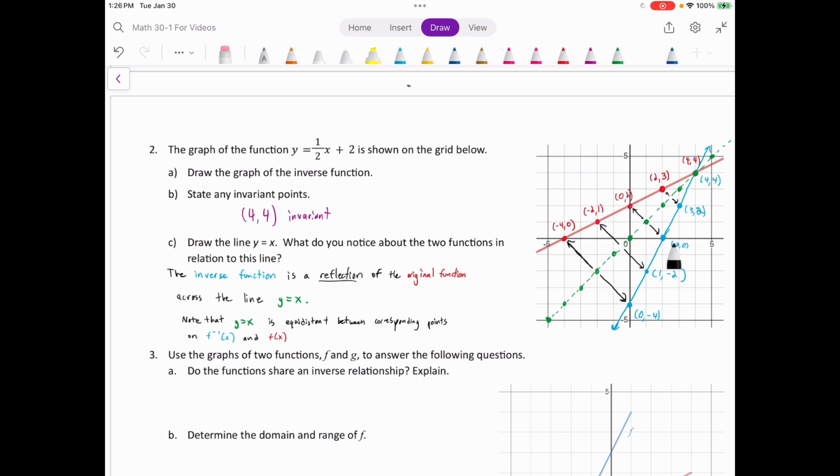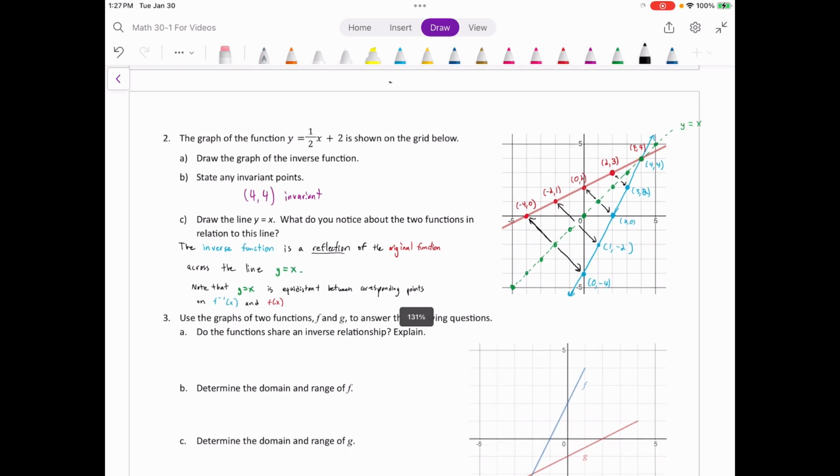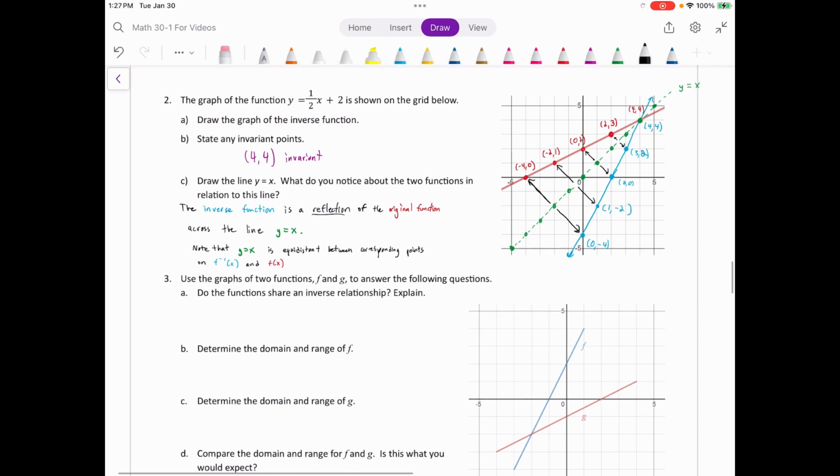Now, these are just the nice points where we could see the numbers easily, but it works even at the decimal value ones where it's not clear, nice integer numbers. Even there, this has a corresponding point that's just reflected across that line, y equals x. And that's going to be the case whenever we take the inverse of a function and graph it. It'll look like a reflection in the line y equals x, because it is, in fact, that.